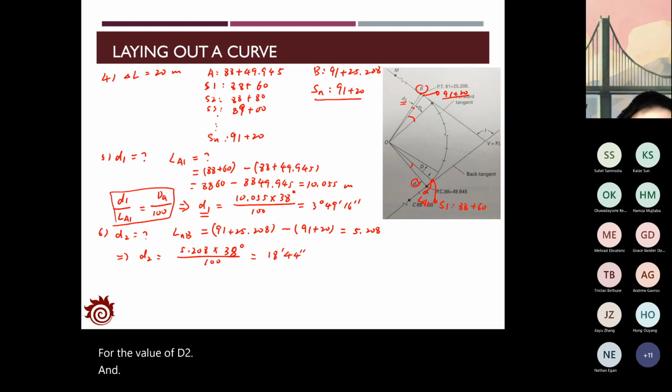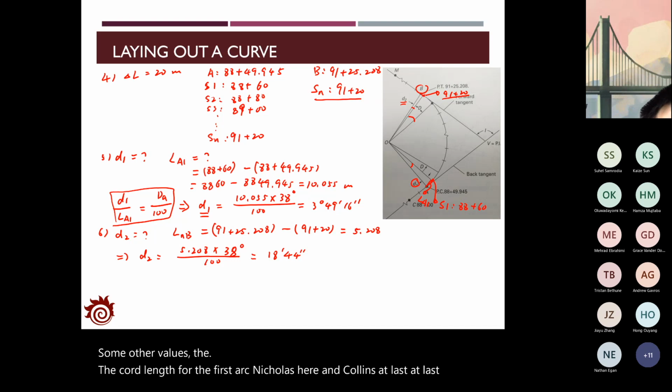And so with that we can then calculate the distance of some other values, the chord length for the first arc, the chord length here, and the chord length at the last segment.